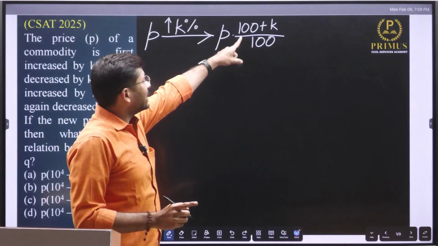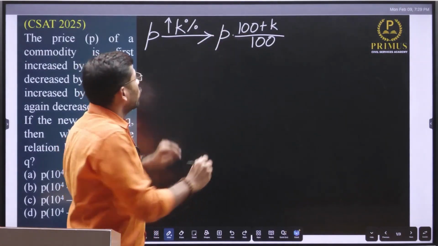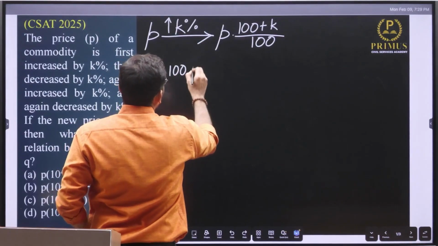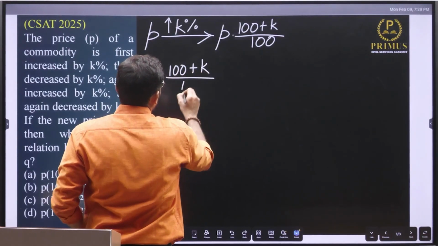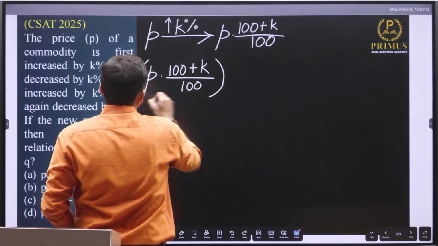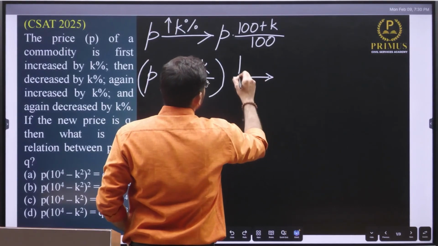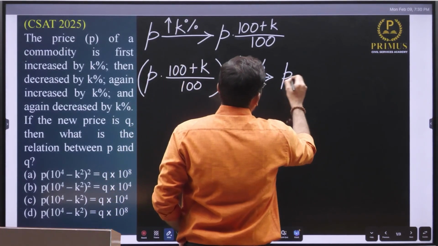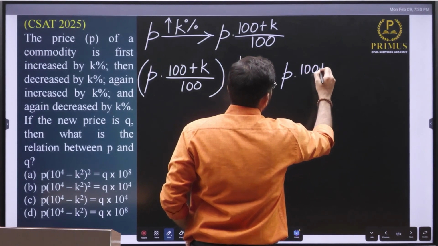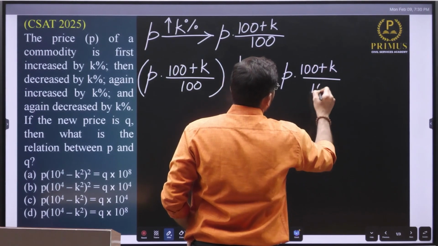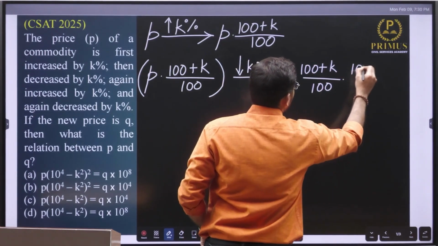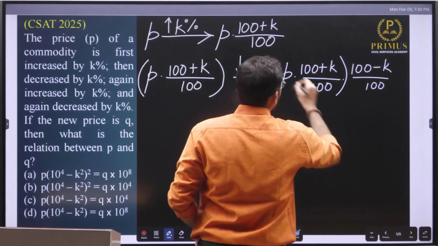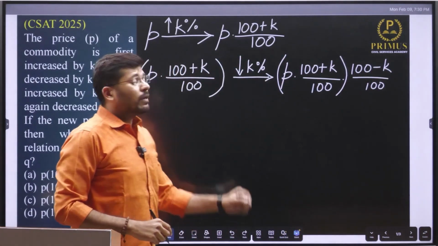We need to decrease this by k%. So if you decrease this by k%, let us treat this as a single unit. If we decrease this by k%, we will get P multiplied with (100 plus k) divided by 100 into (100 minus k) divided by 100, because we are taking this as a single unit.